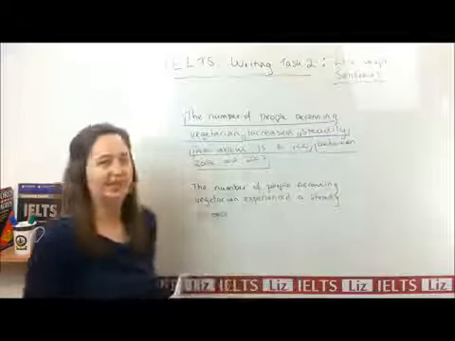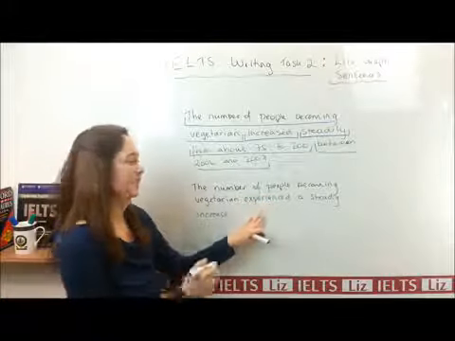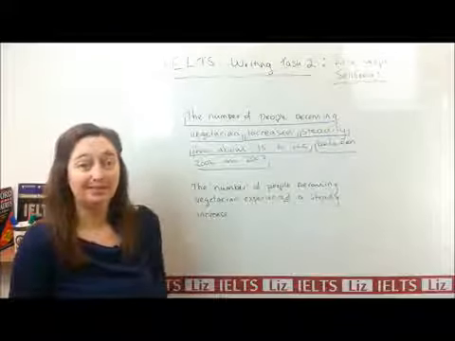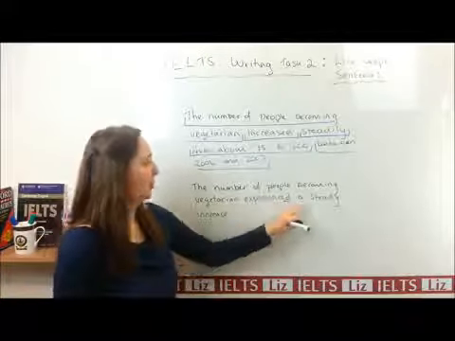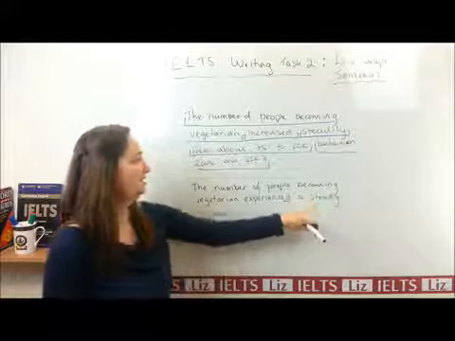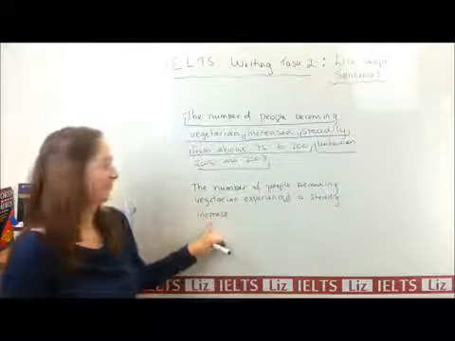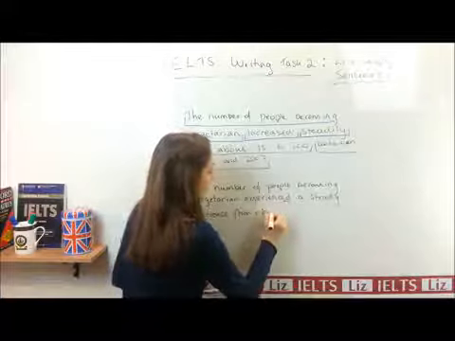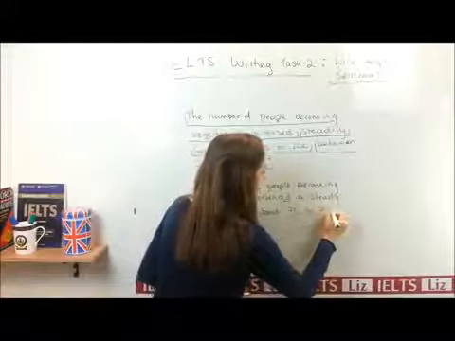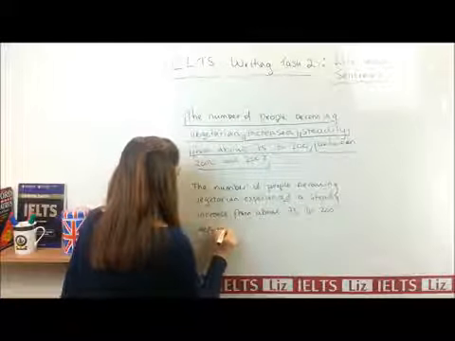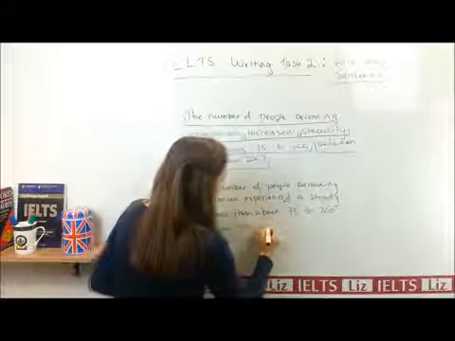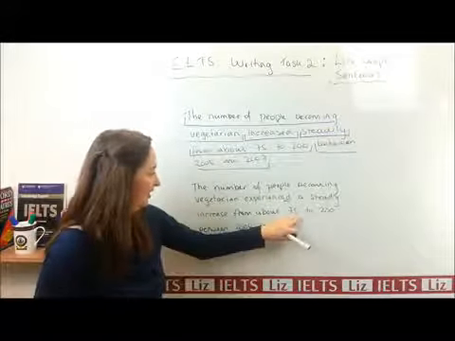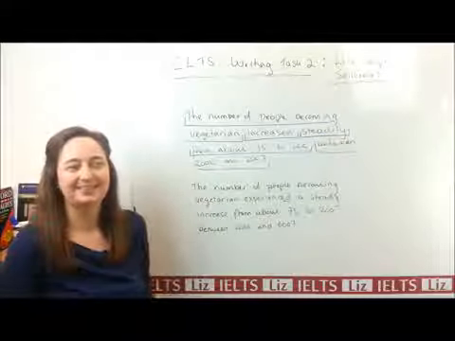So with this sentence, we've got the verb experienced, the number experienced, the figure experienced. We could also say witnessed. And after the verb, we've got the noun. We've got a steady adjective, a steady increase, from about 75 to 200 between 2004 and 2007. So now we've added the numbers and the dates.